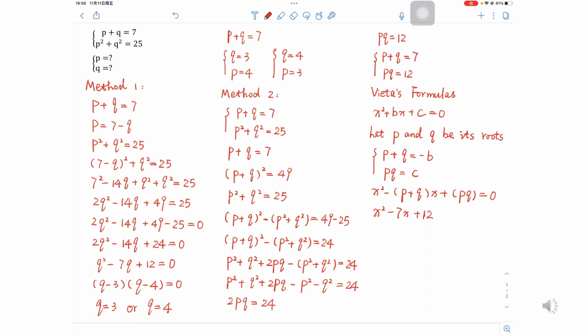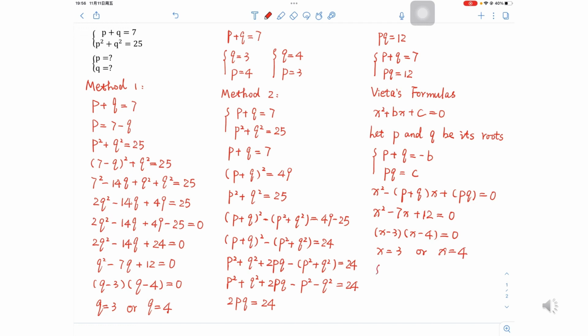We find x squared minus 7 times x plus 12 equals 0. Factor the left side of the equation. We derive the difference of x and 3 times the difference of x and 4 equals 0. The solutions are these: x equals 3 or x equals 4.